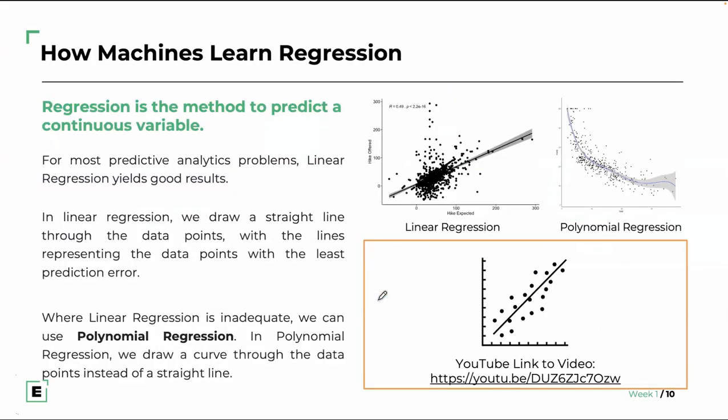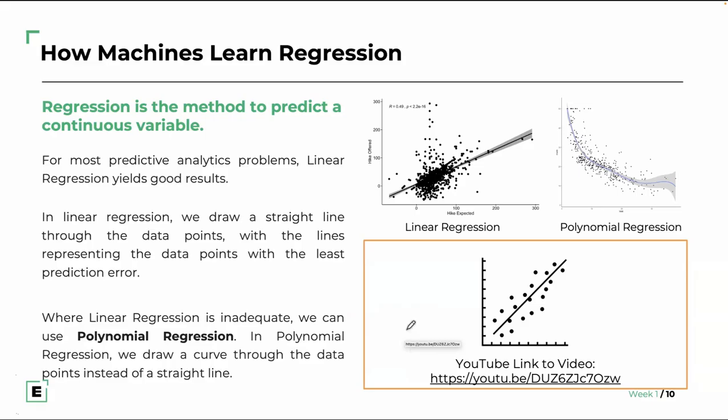Now I'm giving you two YouTube links. Go through them. This particular link will tell you how machines learn regression. I cannot play it here because it will take about 30 minutes to play one video, so I've given the links to you.